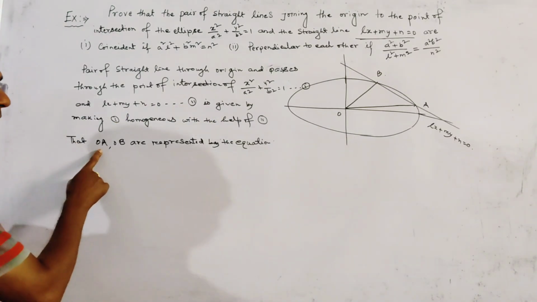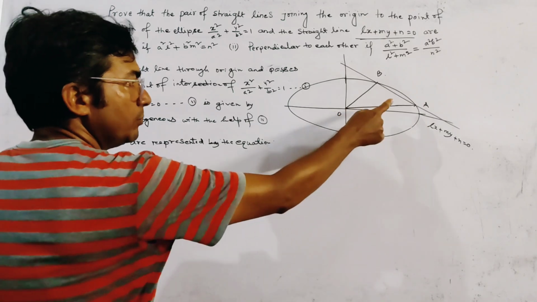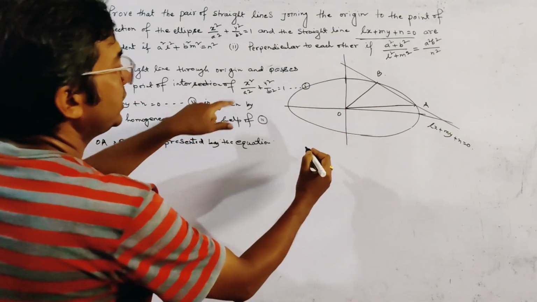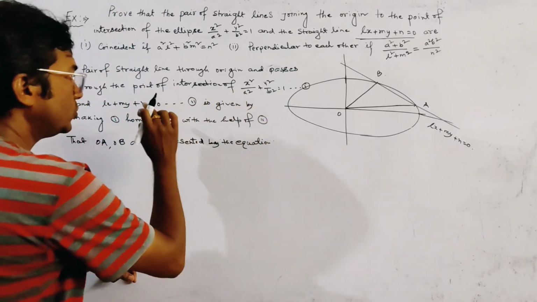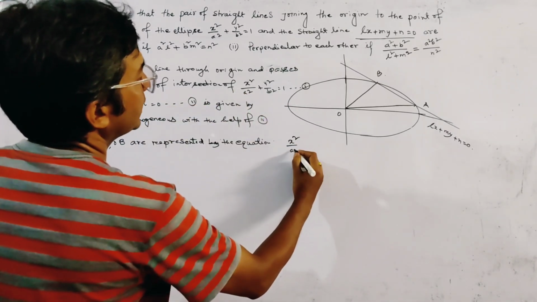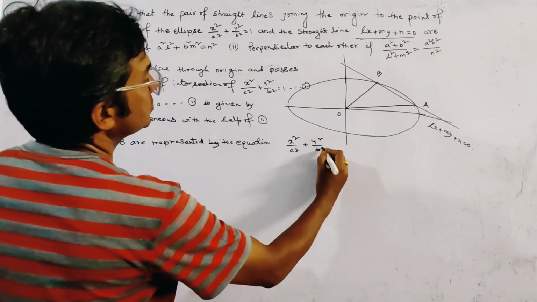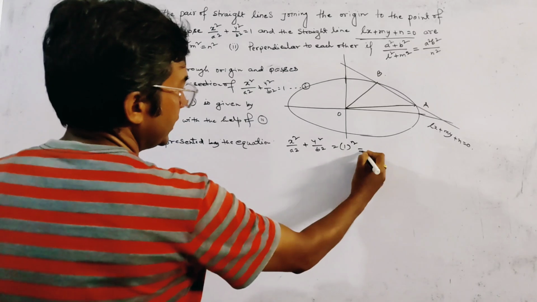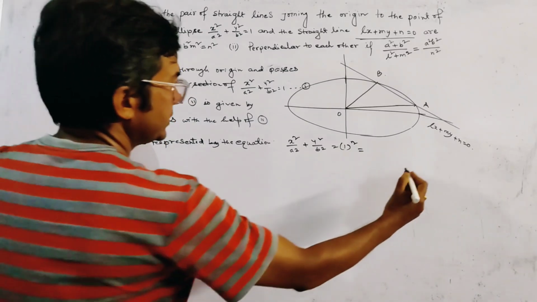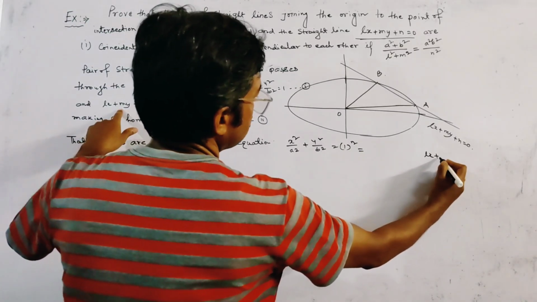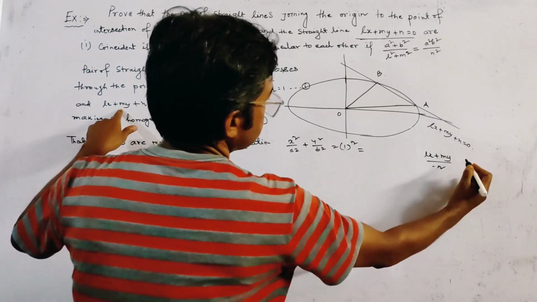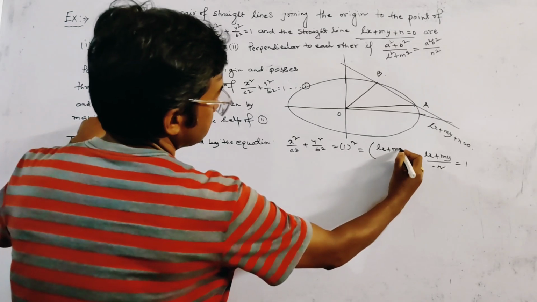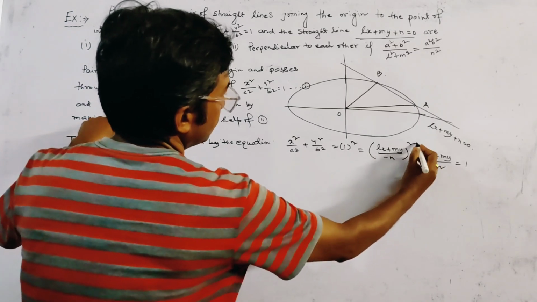Then the lines OA and OB, which are the pair of straight lines through the origin, are given by making 1 homogeneous with the help of 2, that is x square by a square plus y square by b square equal to 1 square, and from 2 we get lx plus my by minus n equal to 1, so we put here lx plus my by minus n whole square.